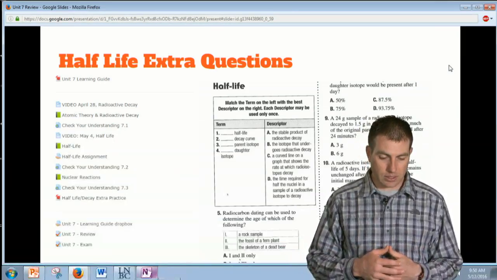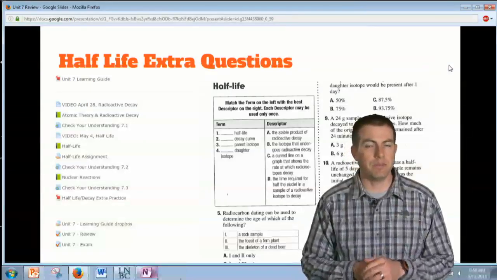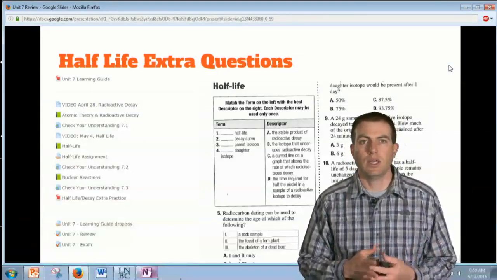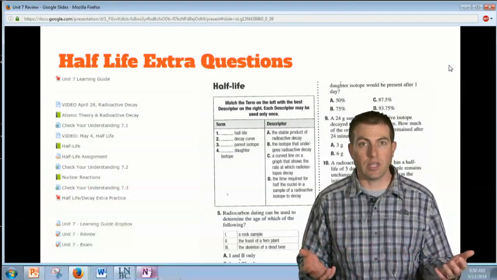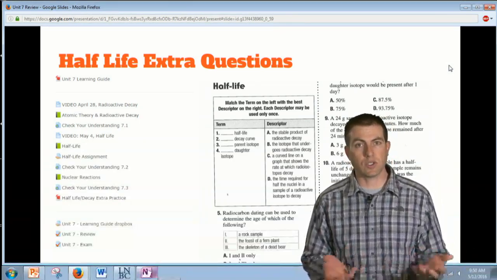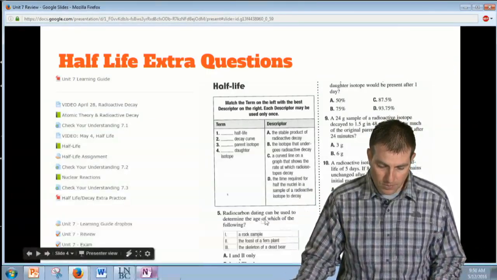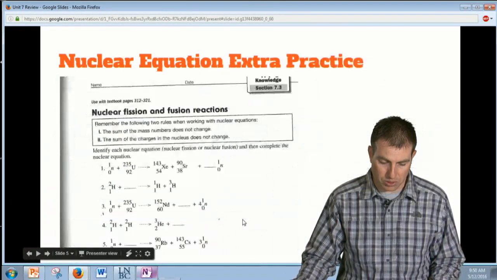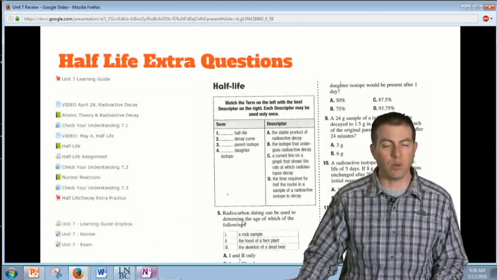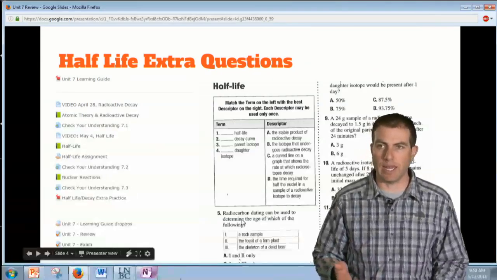So I'm going to get you guys into some breakout rooms in Blackboard, and then each group will have 2 questions to do. You just agree or disagree on the answers. I want you to write the answers down in chat and just explain how you got it. You know, if you're doing number 5, radiocarbon dating can be used to determine the following. What answer do you get? How did you arrive at that answer?